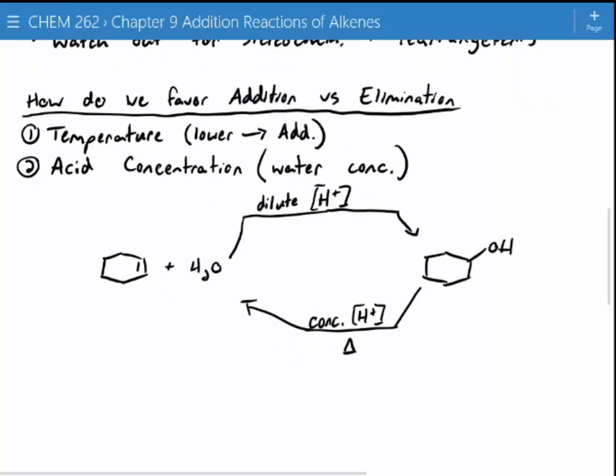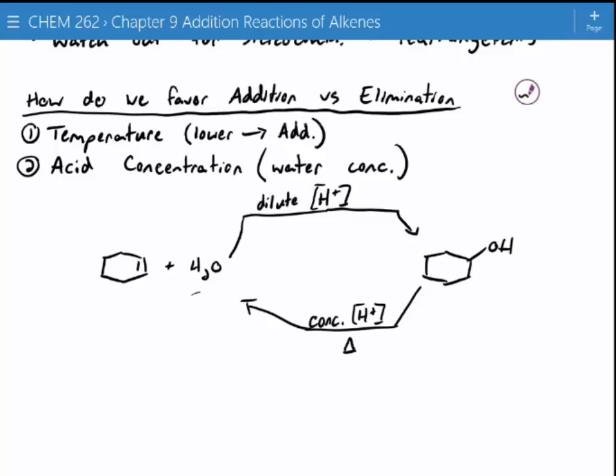So the question is, why does acid concentration matter, or why does water concentration matter? Does anybody have an idea? Yeah, Le Chatelier's principle. I'm drawing these as one-way reaction arrows, but they're actually in equilibrium. And Le Chatelier said if we add more water to this reaction mixture, it's going to be pushed to the right. If we have less water, it's going to favor going to the left side. So using Le Chatelier's principle, we can actually try to drive this reaction towards elimination or addition.